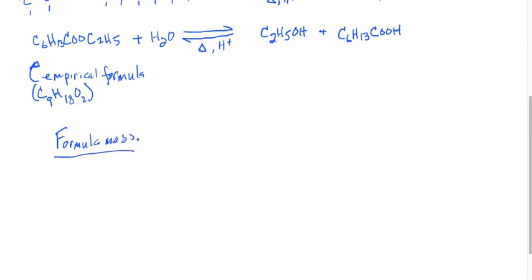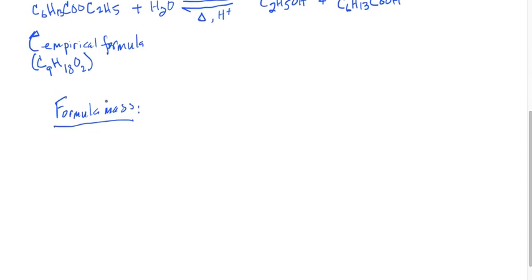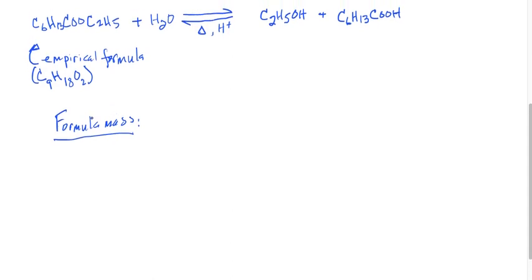So let's go with the formula mass. So we've got our ethanol, C2H5OH, so we've got carbon, hydrogen, and oxygen.